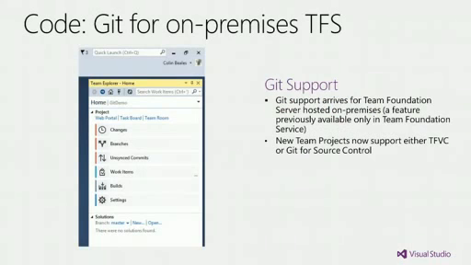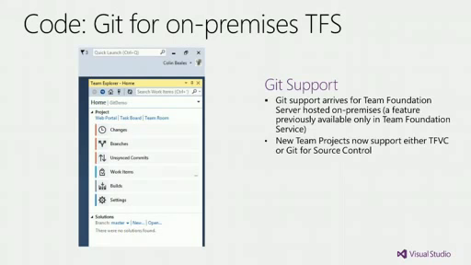One of the bits that seems to have gone down really well with the development community is that, of course, we've noticed that people were using distributed version control more. So we've integrated the popular distributed version control system, Git, into Team Foundation Server. So we have full Git support within TFS now.